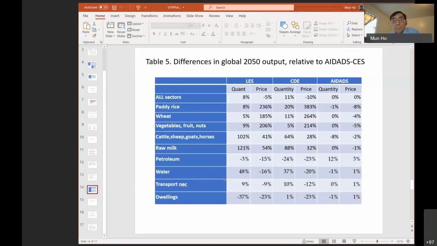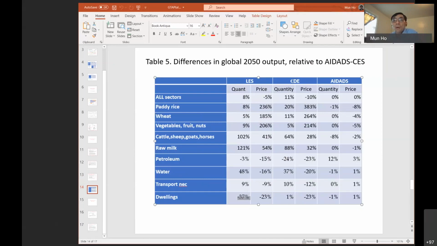So in the paper, there's a long table of all 50 commodities. I just show a few here. So this is the change in the equilibrium quantities and prices for the year 2050 for some selected items. So for the LES function, the equilibrium quantity for food is generally higher, whereas services are lower compared to the base model.